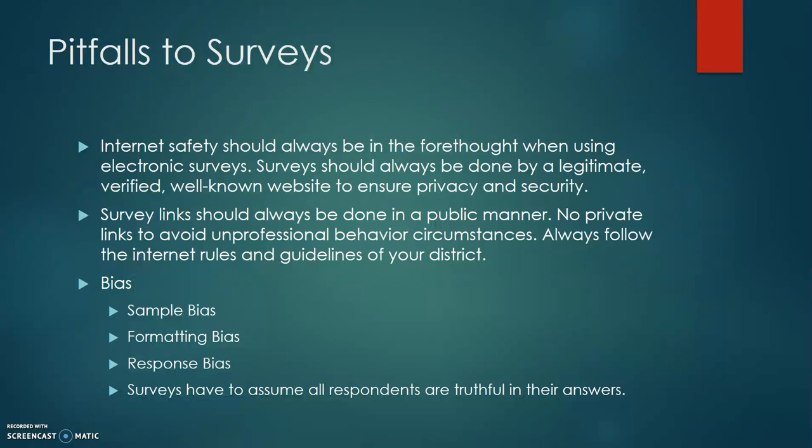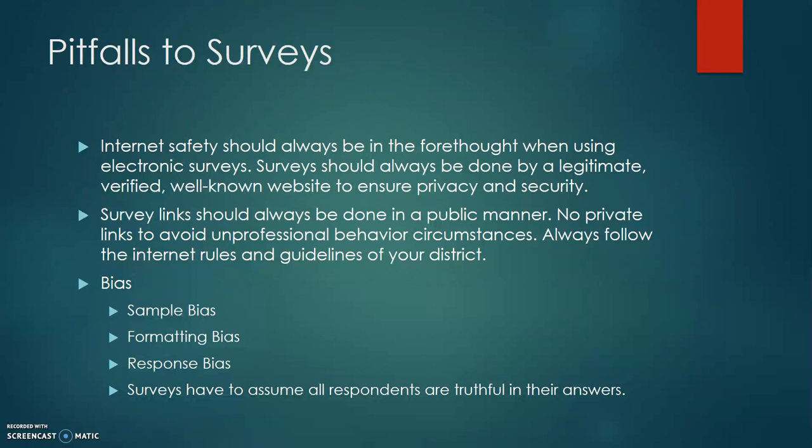Formatting bias. This is a small thing for levels of schools, but sometimes the wording, the formatting, the order of the questions can lead the person taking the test to think a certain way and then answer accordingly.